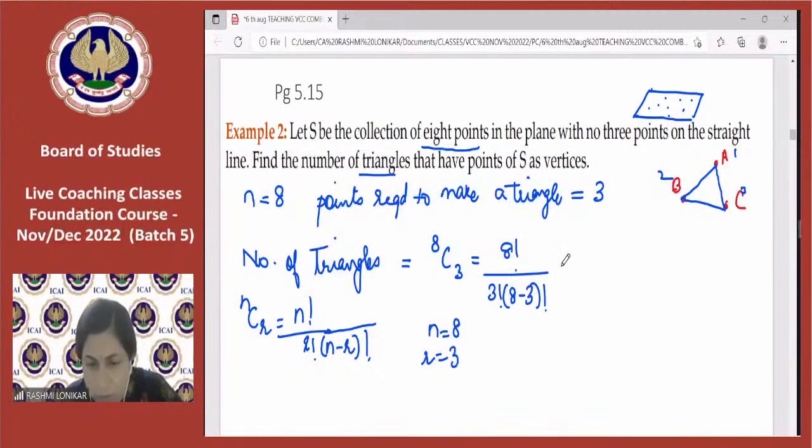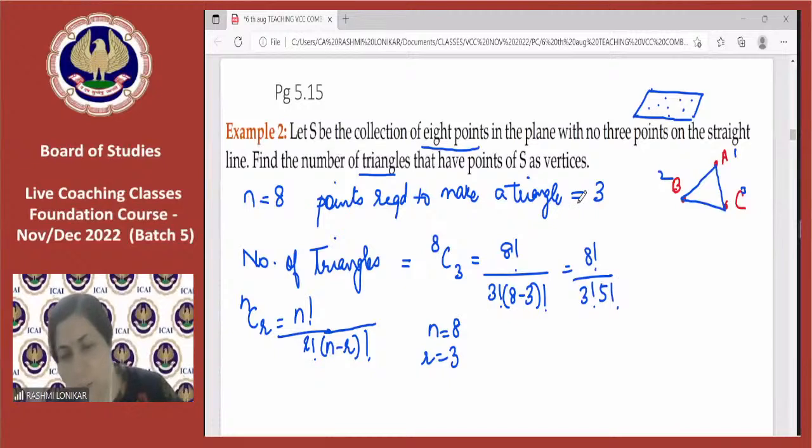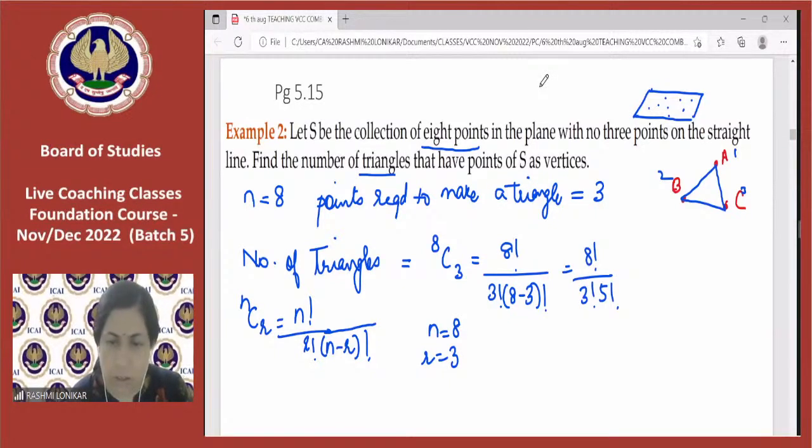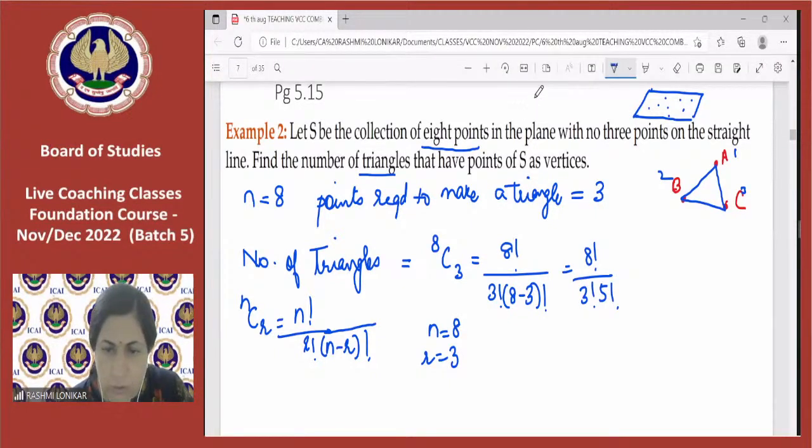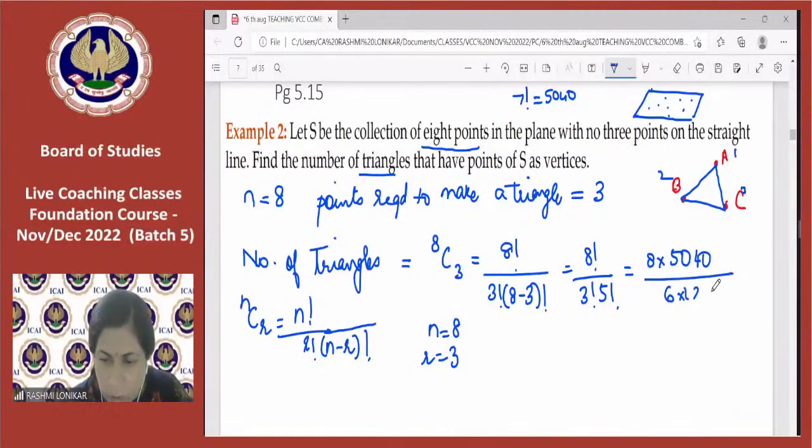So 8 factorial upon 3 factorial into 5 factorial. Now I always remember that 7 factorial is 5040. So this is equal to 8 into 5040. How much is 3 factorial? 6. How much is 5 factorial? 120.